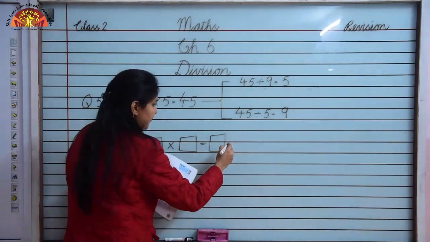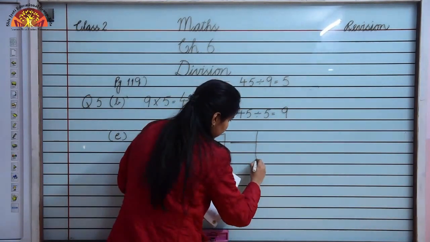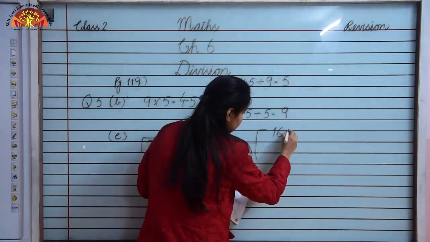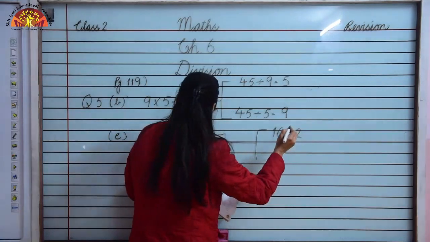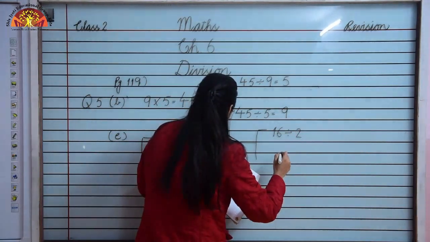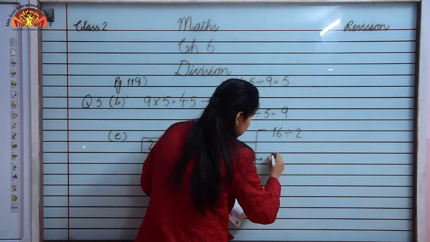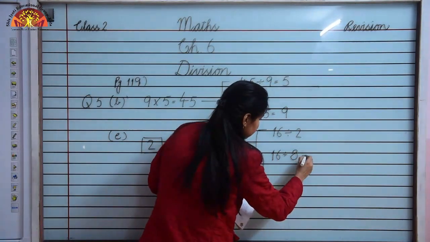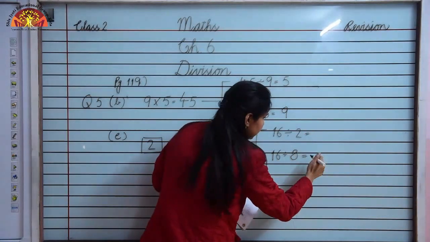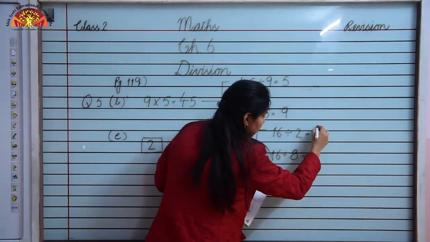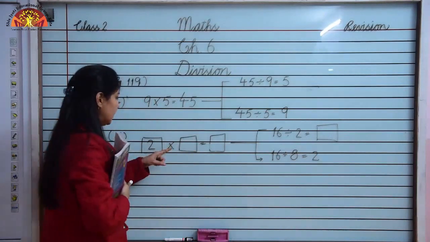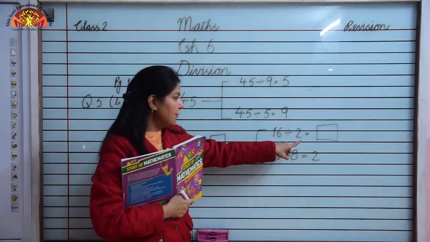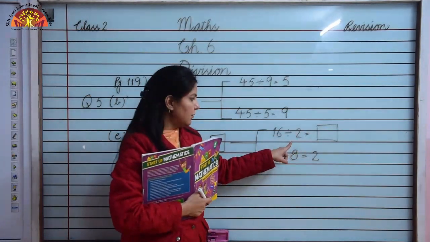Then 2 division facts are given: first 16 divide by 2 and next 16 divide by 8. It is given. Now we have to find out here one multiplication number and the answer of it, and here we will find out one quotient of the given division.